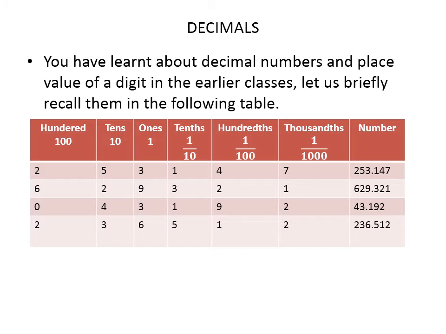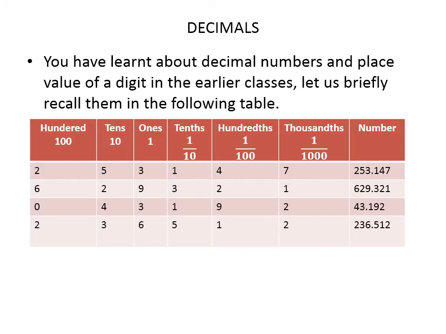Now you know the place values of a digit of a number as units or ones, tens, hundreds, thousands, ten thousands and so on in the Indian system of enumeration.